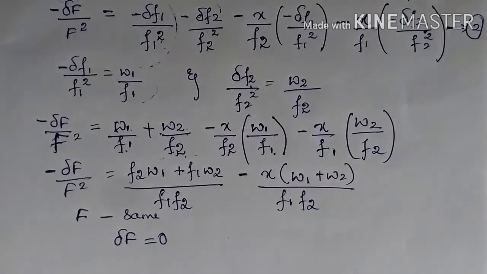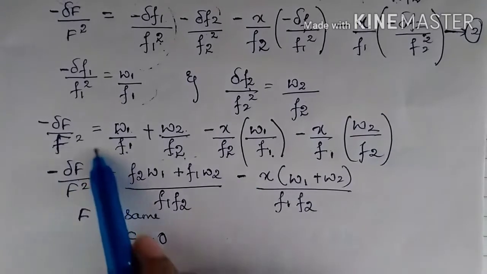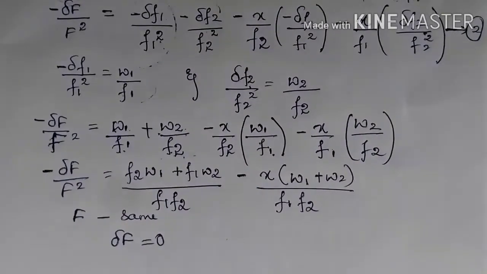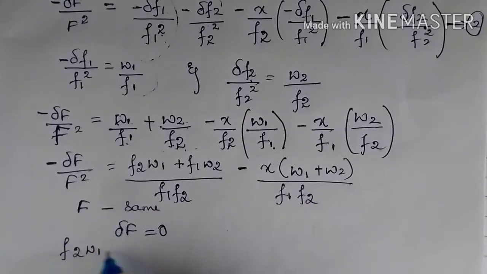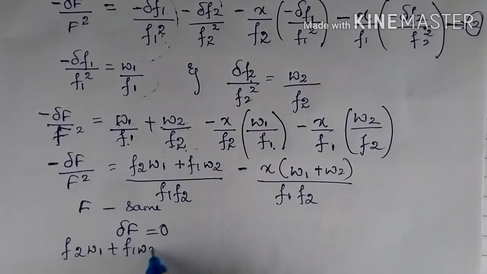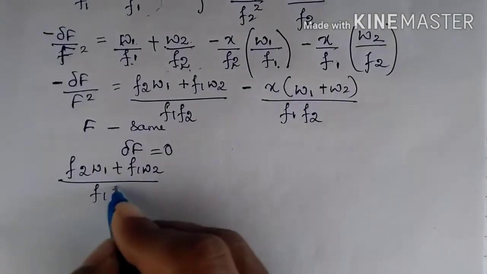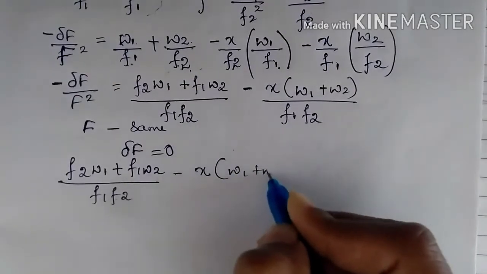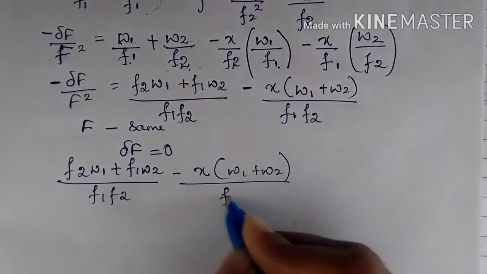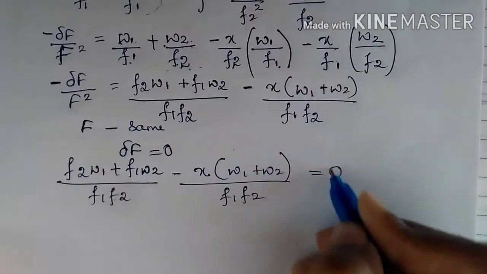So now what you will get? This term here is 0. So f2 omega 1 plus f1 omega 2 divided by f1 f2 minus x omega 1 plus omega 2 divided by f1 f2, which is equal to 0.